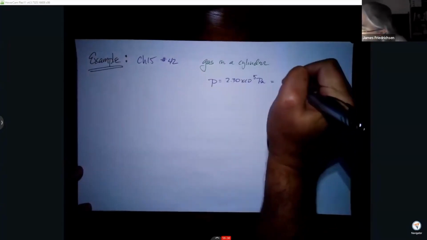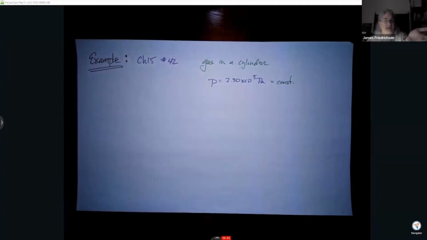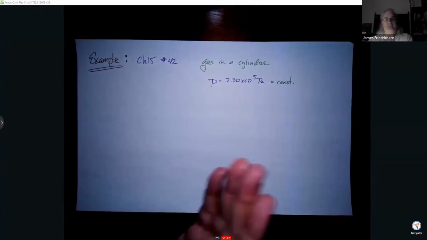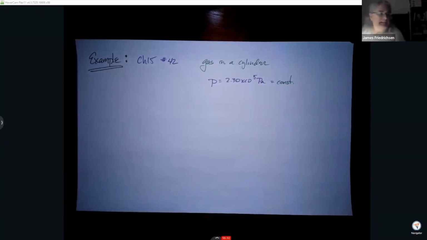More importantly, they tell us that this is a constant pressure, which is really nice because we have a formula for the amount of work done by the gas if the pressure is constant. So this tells me I have my formula. Okay, let's see if we're going to need it.